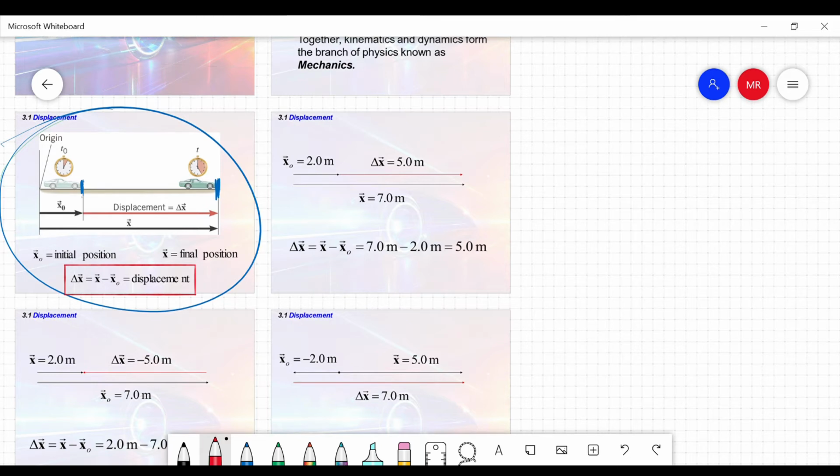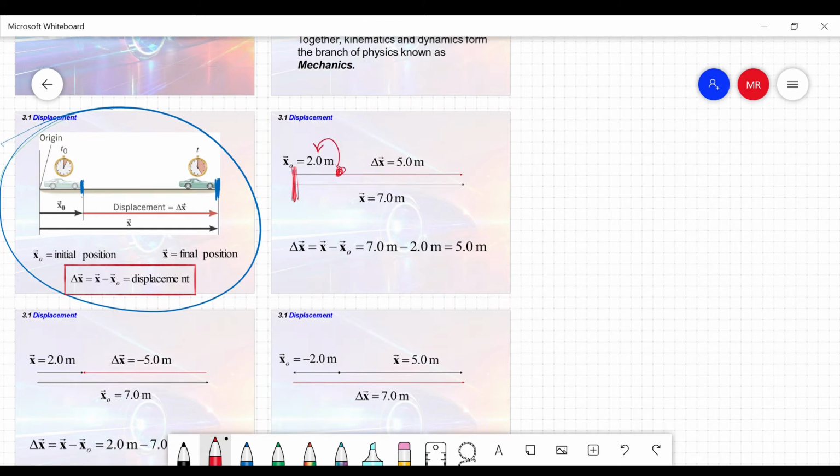So like for example, if we are to get the position or the displacement of this car from its initial position going to the final position, sabi niya, ang initial position niya ay 2 meters from this point, no? Mula doon sa sabi nating 0 at nandito yung car na una, initial position, which is 2 meters.